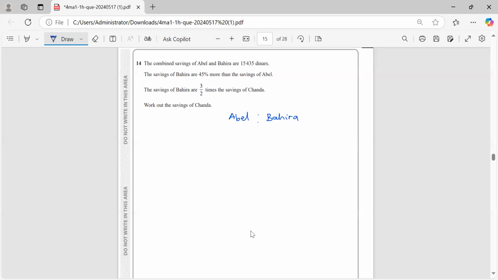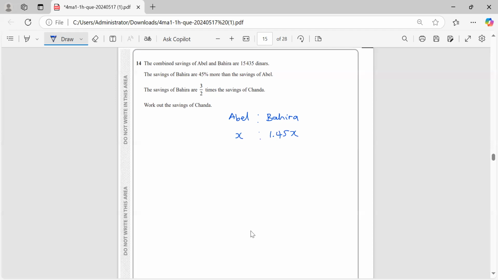So if Abel's savings are x, then Bahira's savings are definitely going to be 1.45x, because Bahira's savings are 45% more than Abel's savings. All right. So the first thing that you have to do is to actually find the value of x.